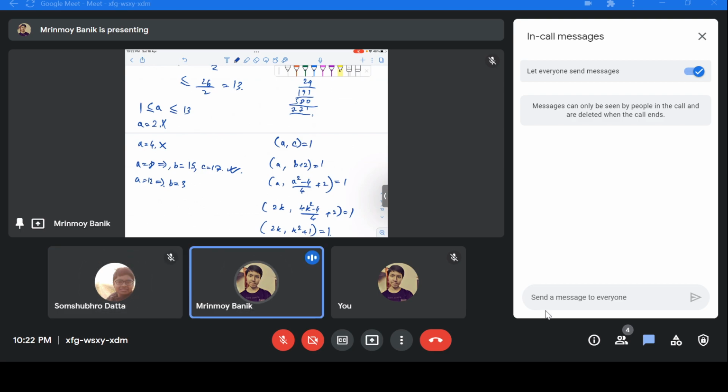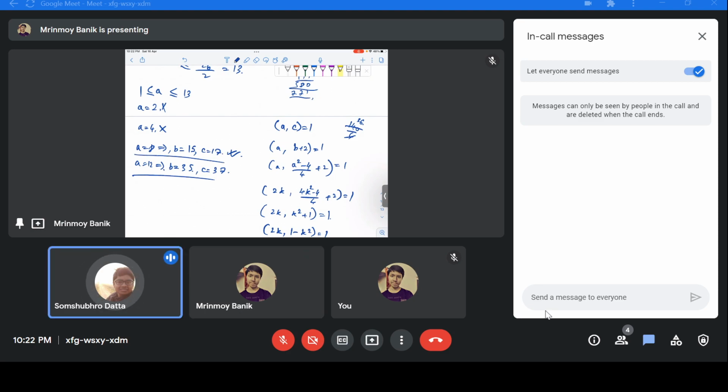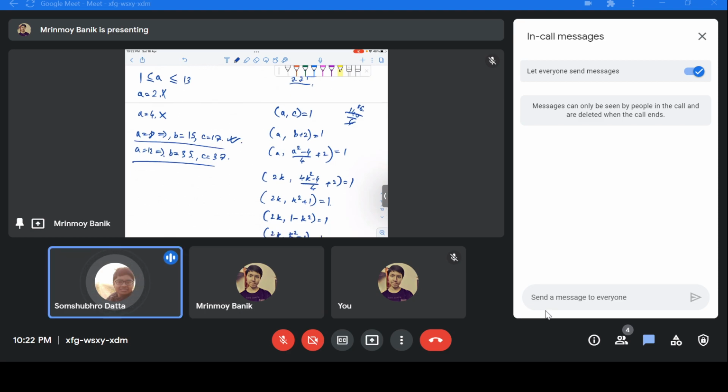So we have 140 by 4, 35, right? 35. C is 37. This should also work. 72 into 2 is 144, that means 12 squared.